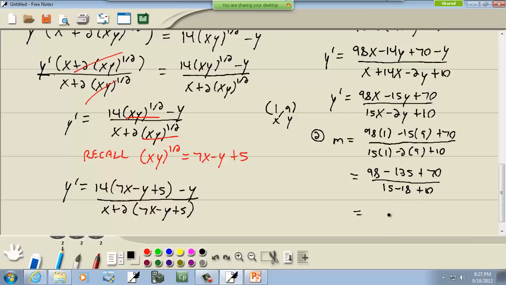That gives us negative 3, 7. Up on top here, 98 minus 135 is negative 37 and 70.